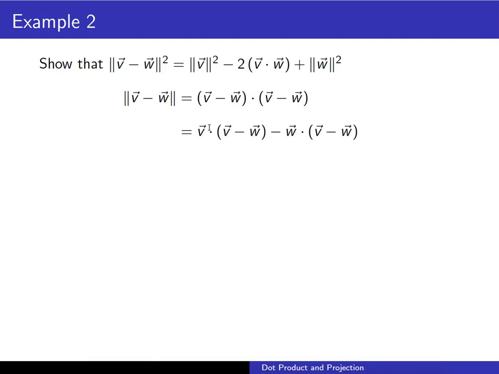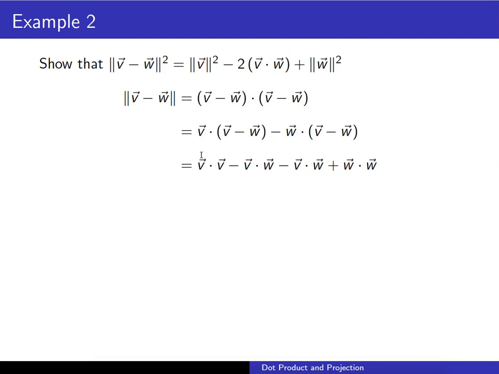When we distribute the vector v through, we get vector v dot vector v minus vector v dot vector w, and then minus w dot vector v. Remember, it doesn't matter what order we go, so w dot v is the same as v dot w, and don't forget the negative out in front. And then negative times negative is positive, and we have vector w dot vector w.